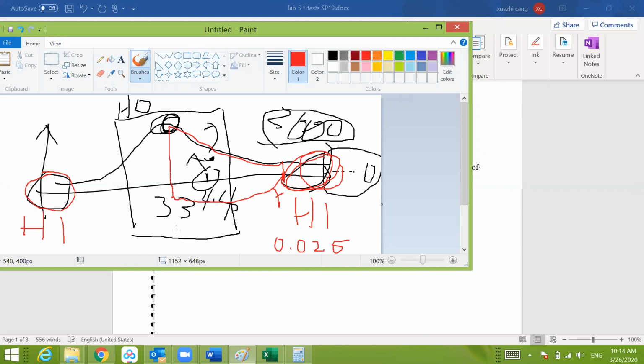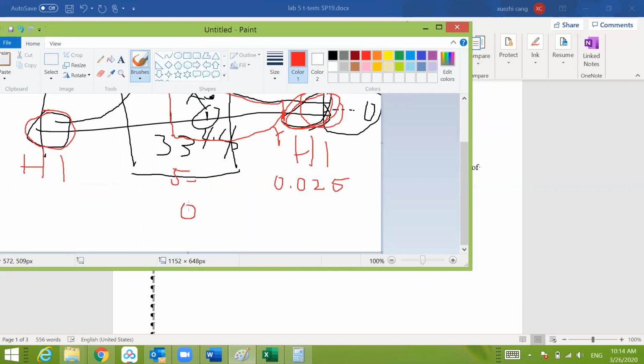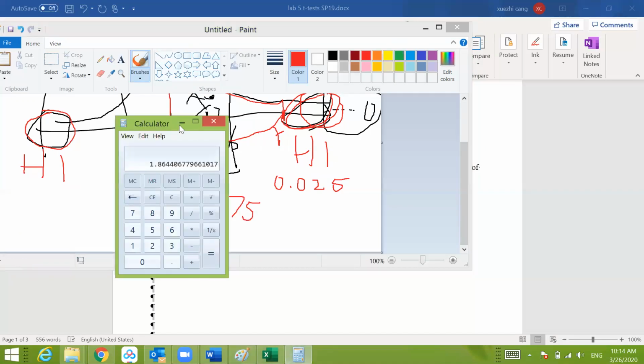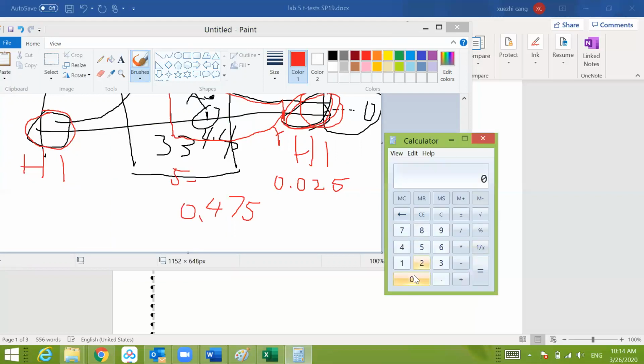This part is just 0.5 minus this value, and the result is 0.475, right? Let's do that in the calculator. Okay, correct.